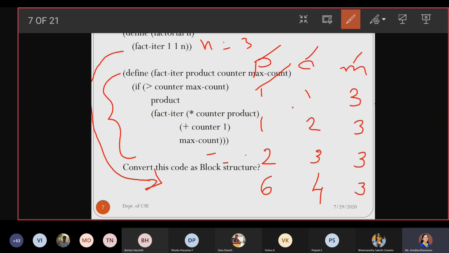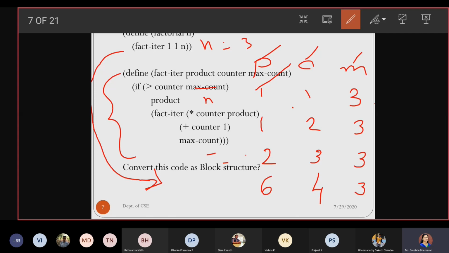Wherever you had your max count, instead you can directly use the variable n. That means fact ITR will have only two arguments, which is product and counter. We will not have the third argument because there is no point of having it, as the value remains same.